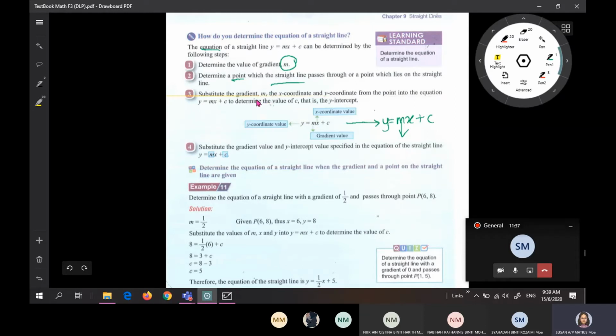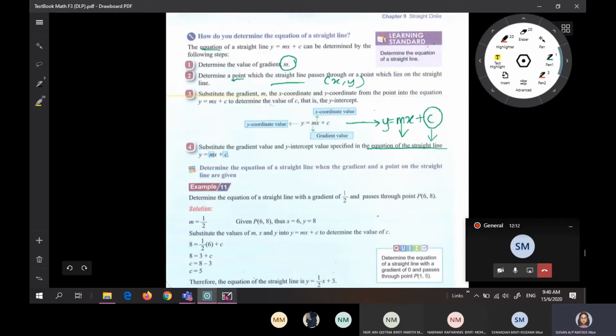Then you can substitute the gradient and the x and y coordinates from the point. Once you know m, you can find c. Once you know the values of m and c, you can get the equation of a straight line. I will go through this by showing you the first example.